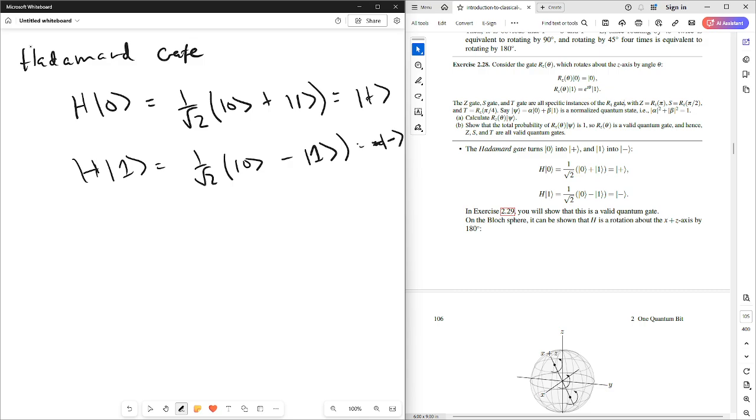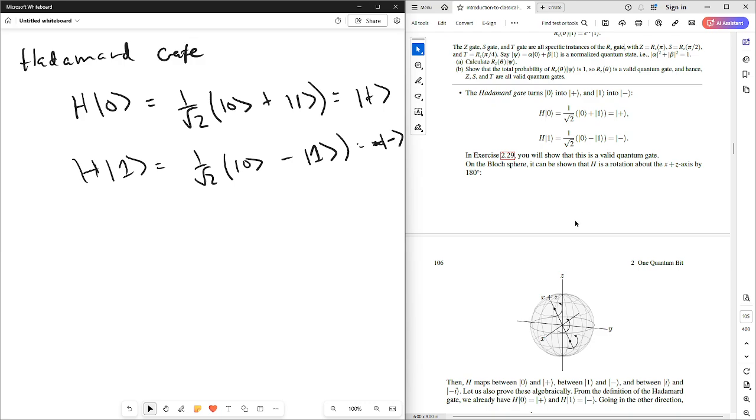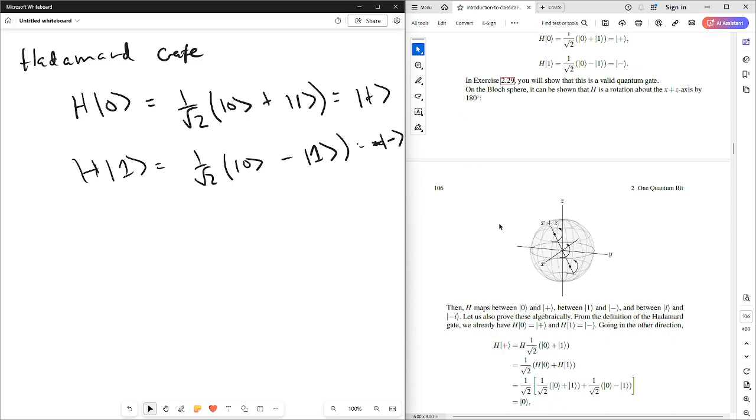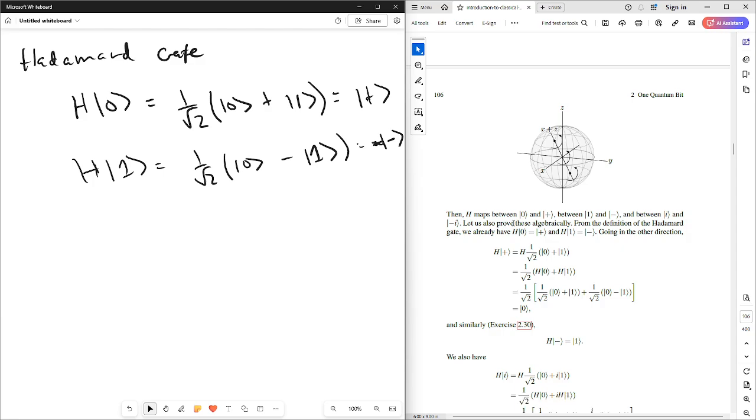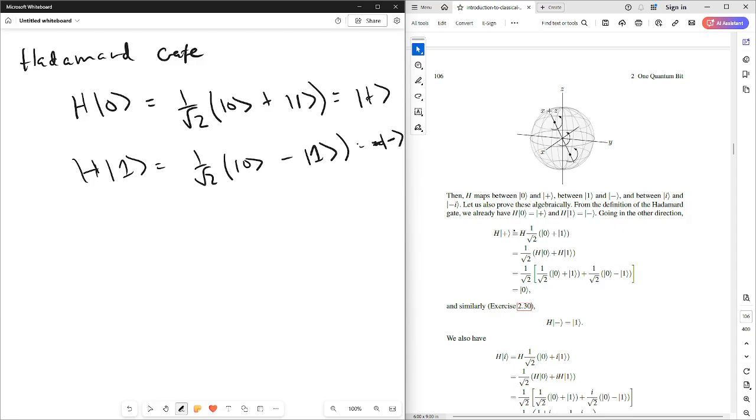H is a rotation about the x plus z axis, which is the axis that lies in between the x and z axes. Interesting. So H maps from 0 to plus, as we saw, from 1 to minus, and also from i to minus i.